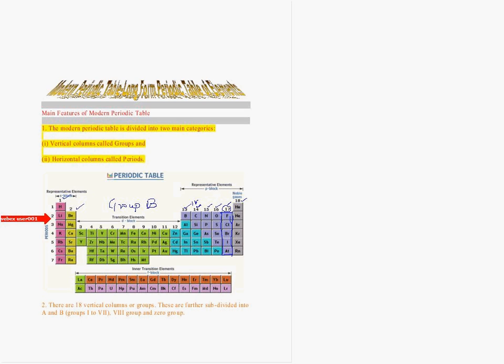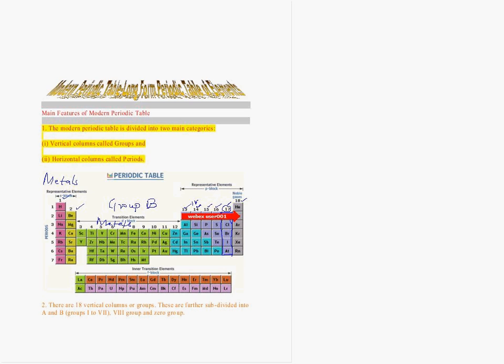Metals start from the left, and going to the right you get non-metals. These are all metals.